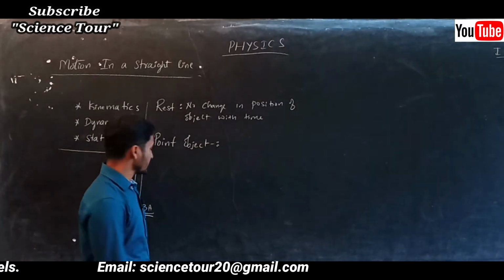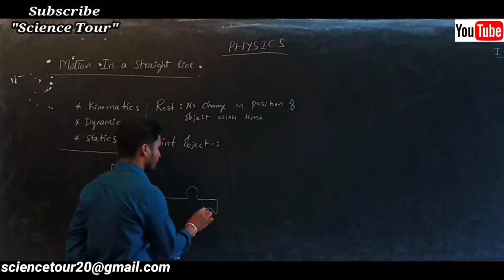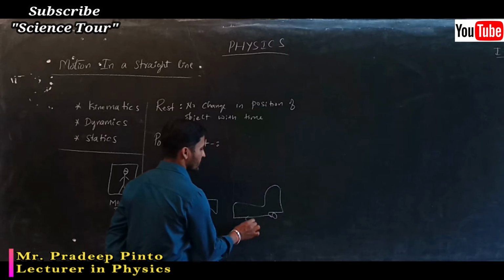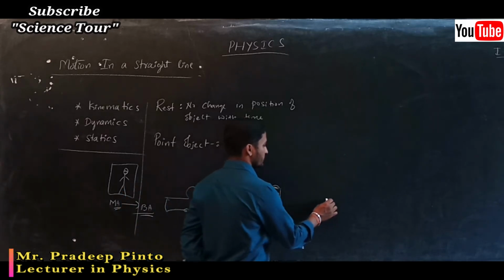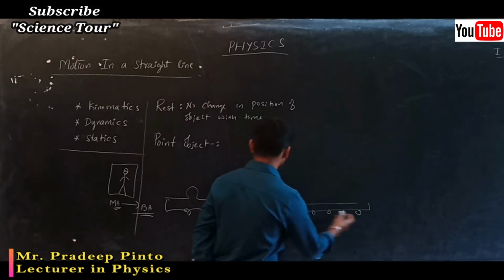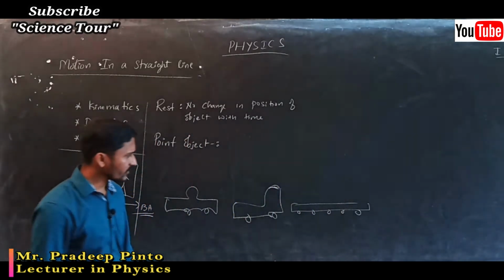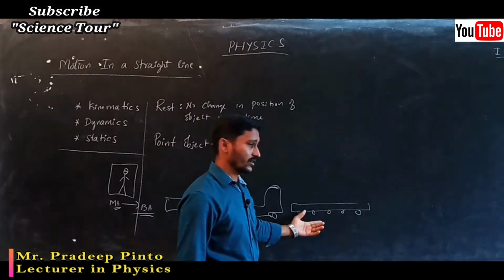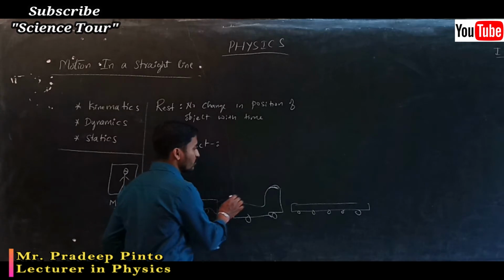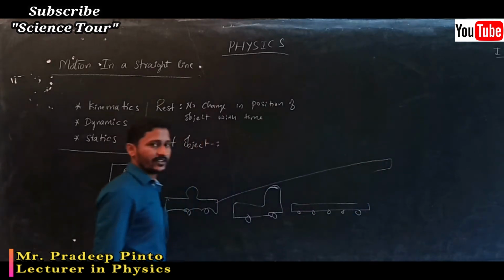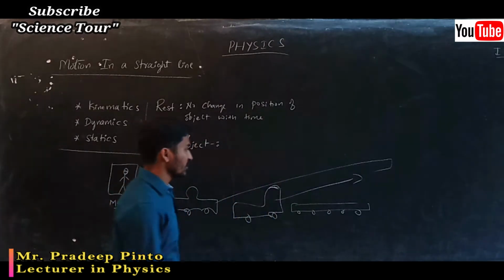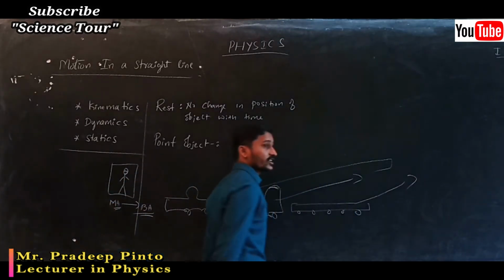Now in physics we will talk about cars, trucks, and trains. The length of these objects is large. But a car can move 500 kilometers a day, a truck can move more than 500, and even a train can move 600 kilometers or more.